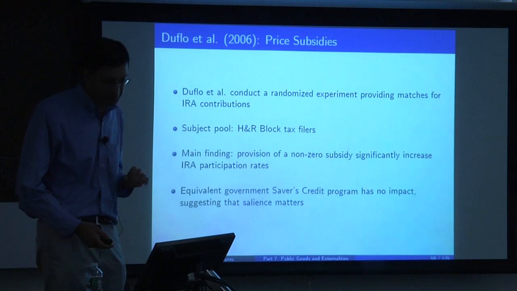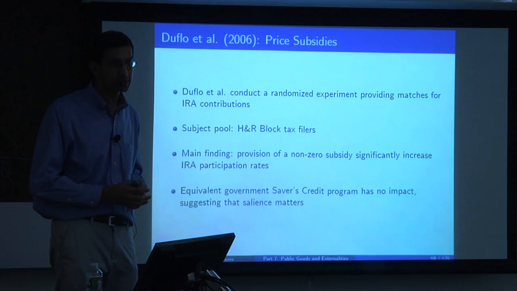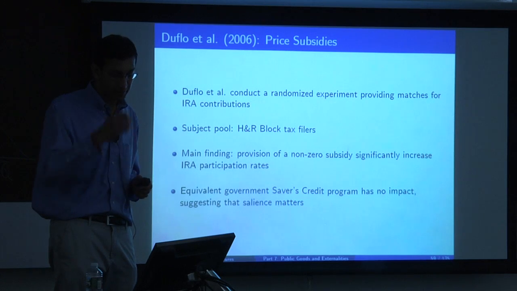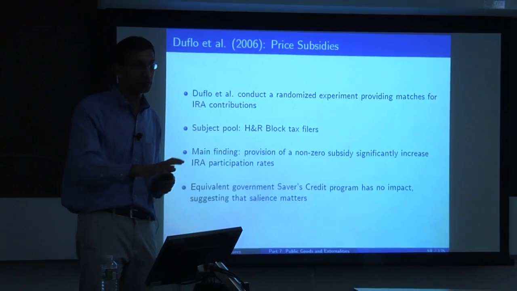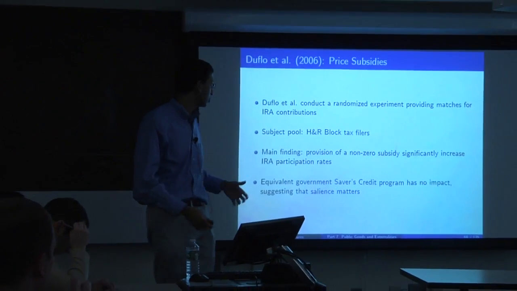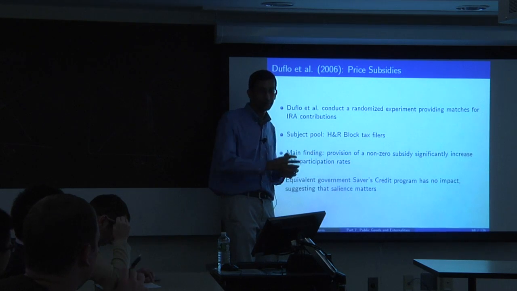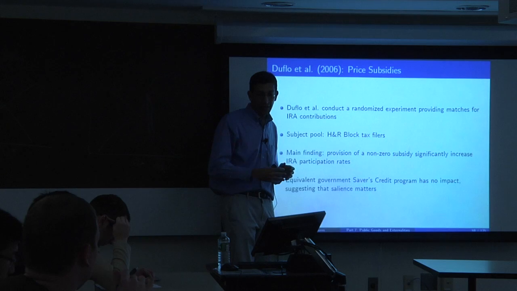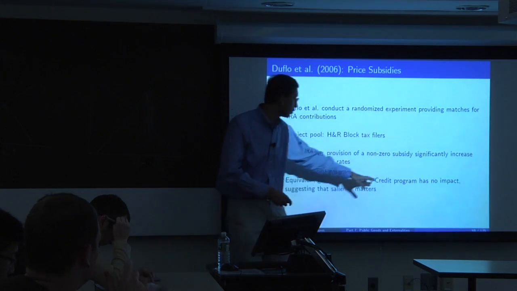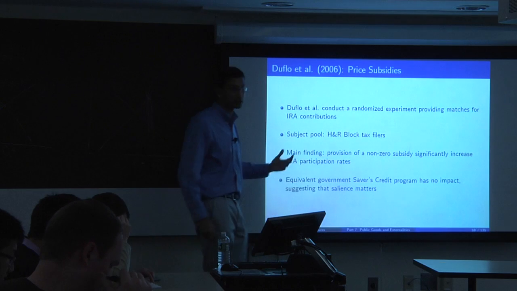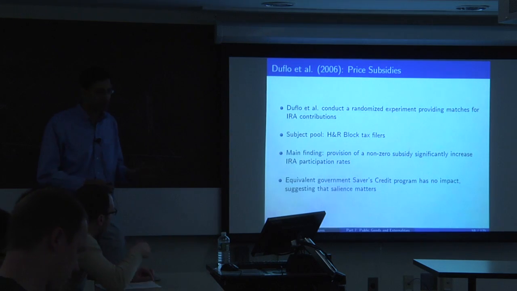Now, an interesting side note to that is that an equivalent government program, which they also discuss in the paper, called the Savers Credit, which is targeted towards low-income people and gives them similar matches, has, I shouldn't say no impact, sorry, that's wrong, that should say has a much smaller impact. It does have an impact, but it's much, much smaller.